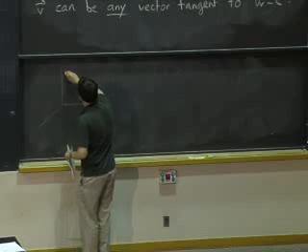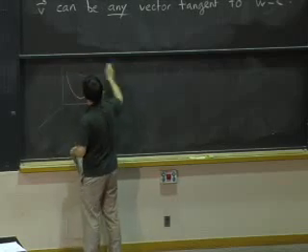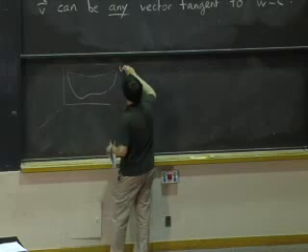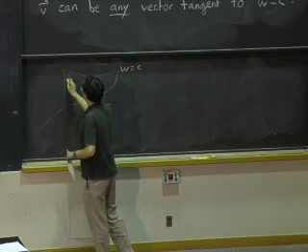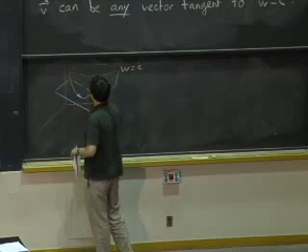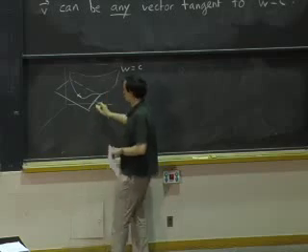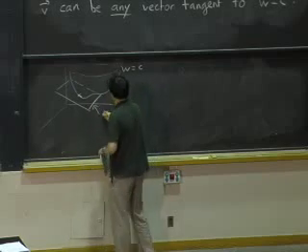Okay, so I have my level surface. I'm drawing more and more levels, and they never quite look the same. And I have a point, and at this point, I have the tangent plane to the level surface.